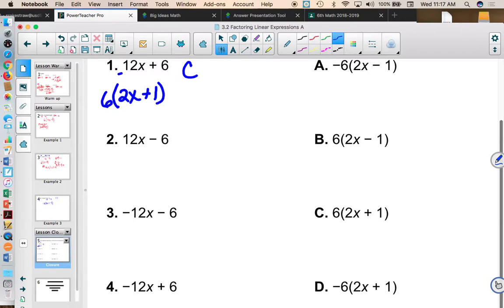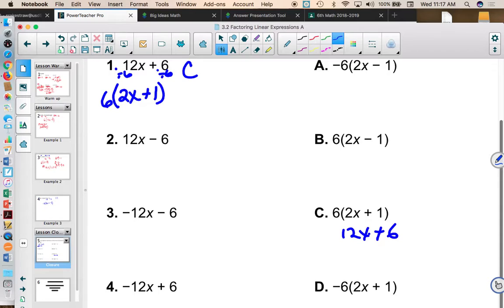Good. She said I did it this way. Found that greatest common factor and pulled it out. Could you go over here and say, do the distributive and say 12x plus 6 and found them that way? Either way, could we do it? Sure you could.